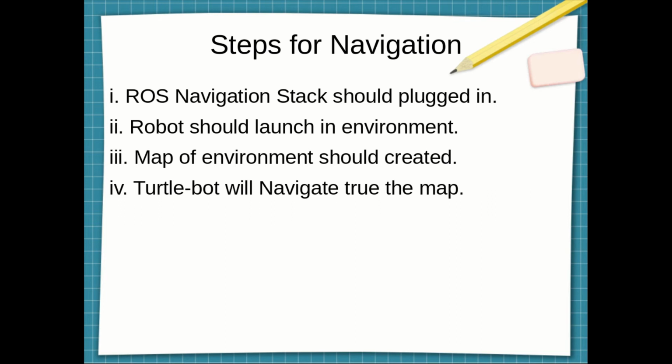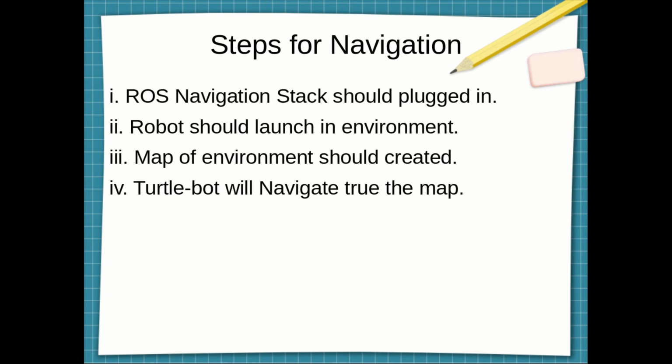For example, here is a hospital, and then we have to create a map for the hospital from the robot's vision. And finally, because we have the map, the environment, our robot, and the ROS navigation stack, we can use our Turtlebot to move from one point to another while it is using the map.